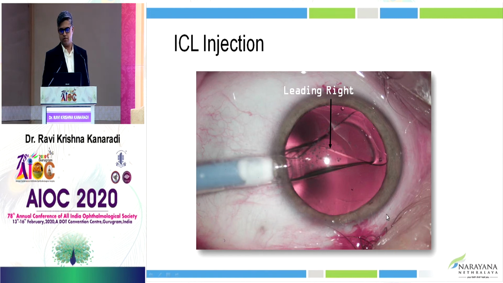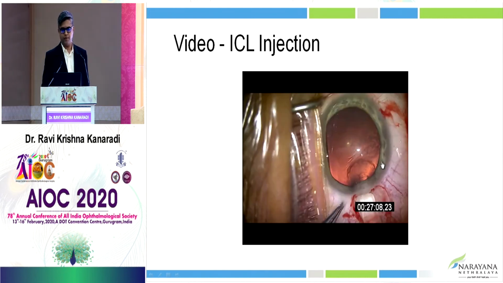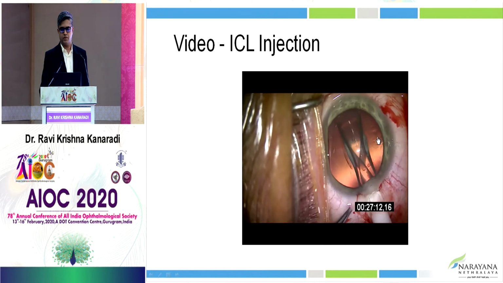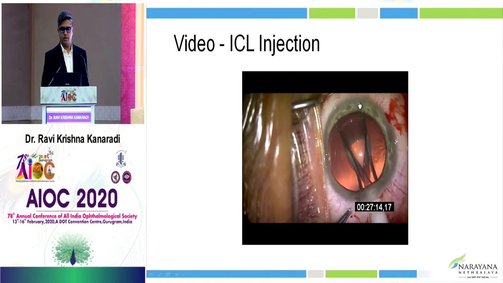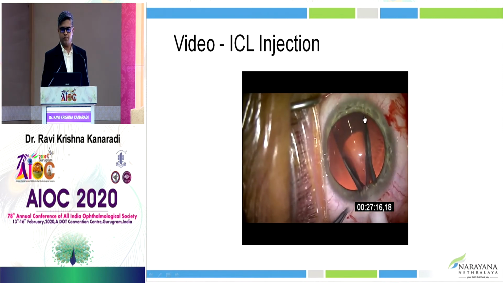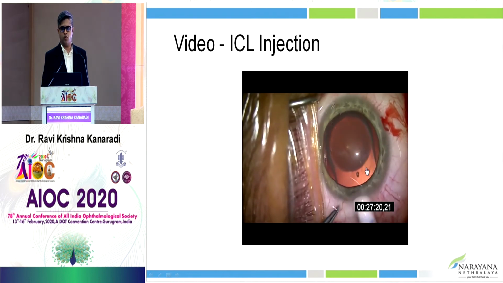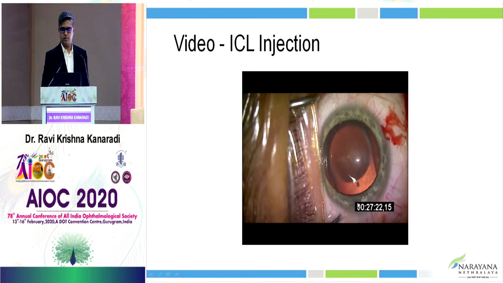This is the leading right upper mark. Once you start seeing that there is a hole here, slowly inject and it slowly opens. So one more hole is here, right upper and left lower.